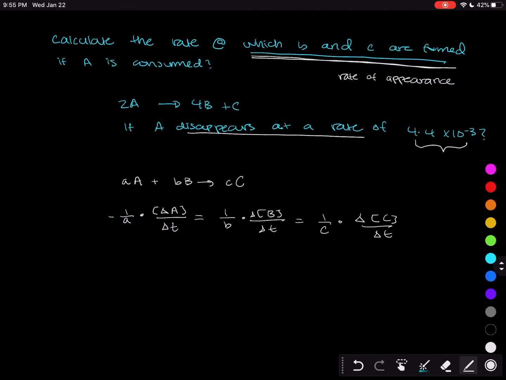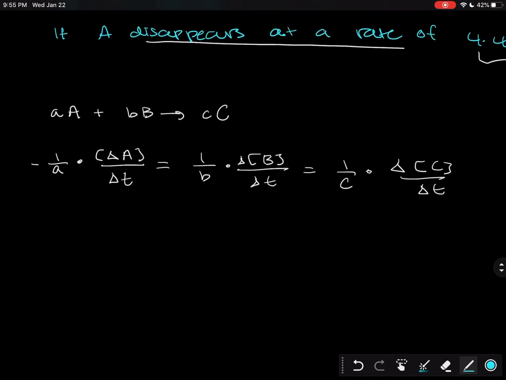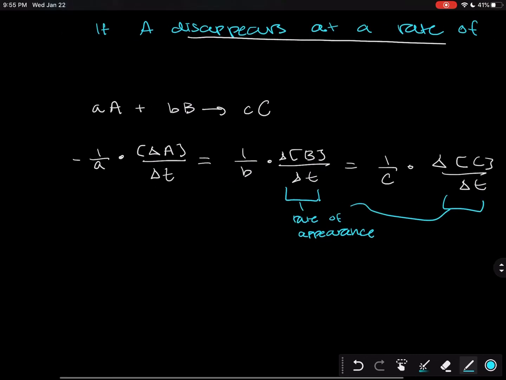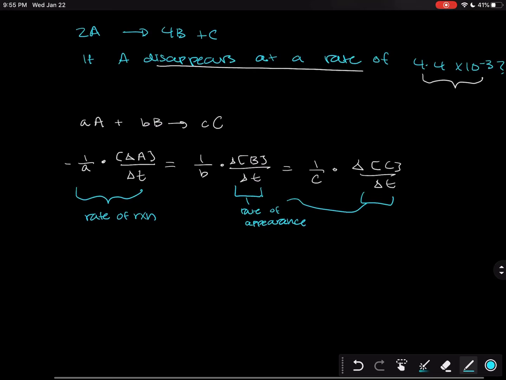Okay, and when we're talking about rate of appearance, that's this thing here. Rate of appearance, and this whole thing is just known as the rate of the reaction. So the rate of the reaction for each of these is equal, which is why we have all these equal signs. But the rate of appearance or disappearance are not equal.